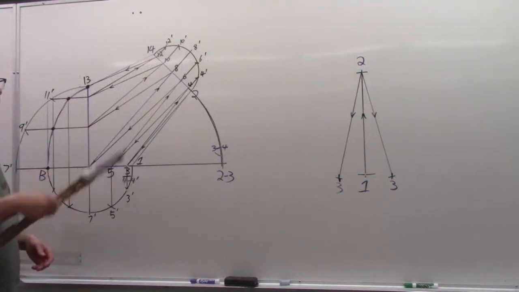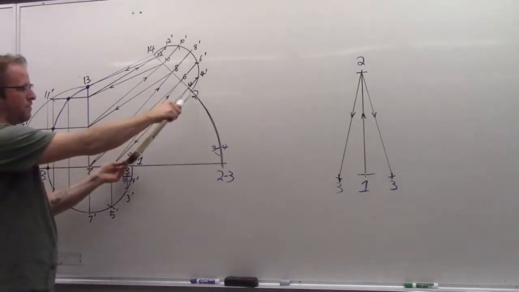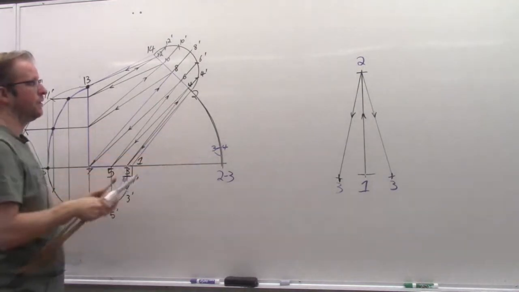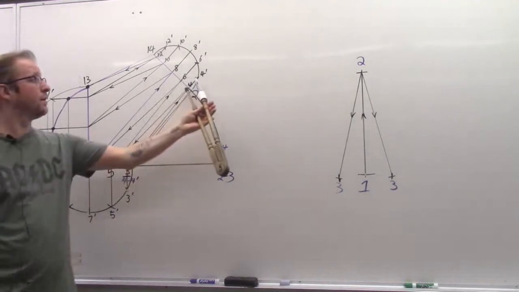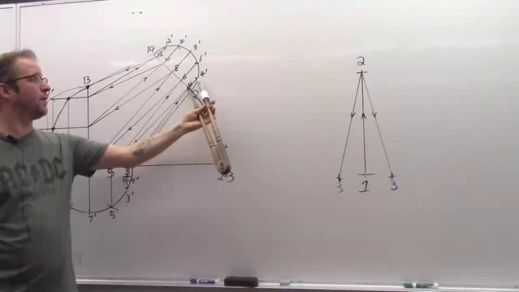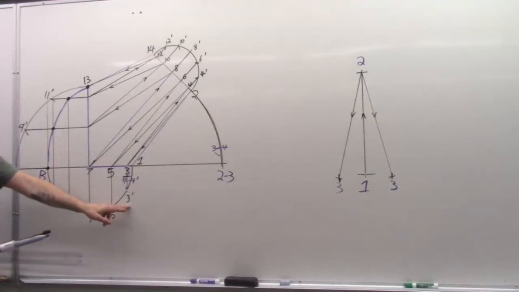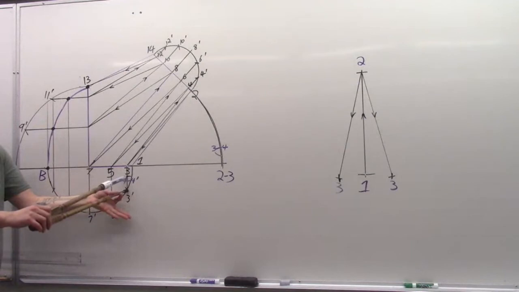Okay, so I'll just recap what I did. I've got 1 to 2, I've got 2 to 3, now I'm going 3 to 4. I've gone from 3 to 4 and I've swung that down. I marked it 3-4. Now I need to figure out the difference in profile. So I've taken the distance from 4 to my 4 prime up top, down to my half circle here at point 3. From the bottom, I've gone up.